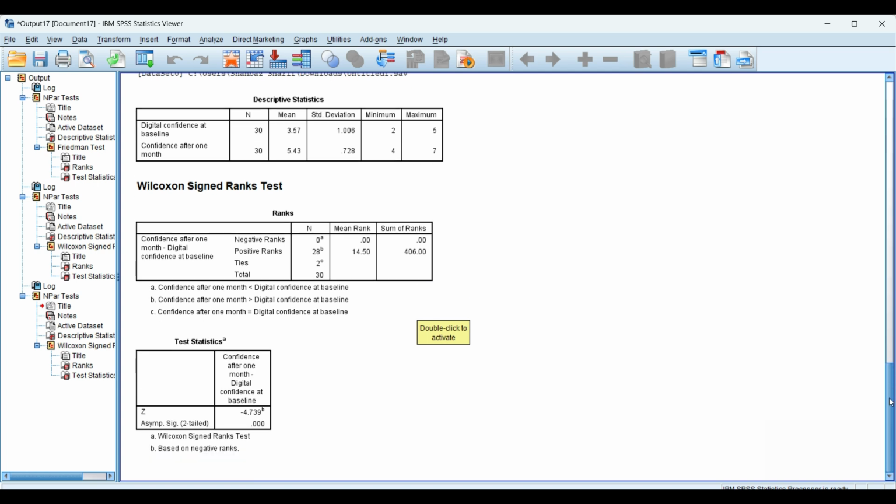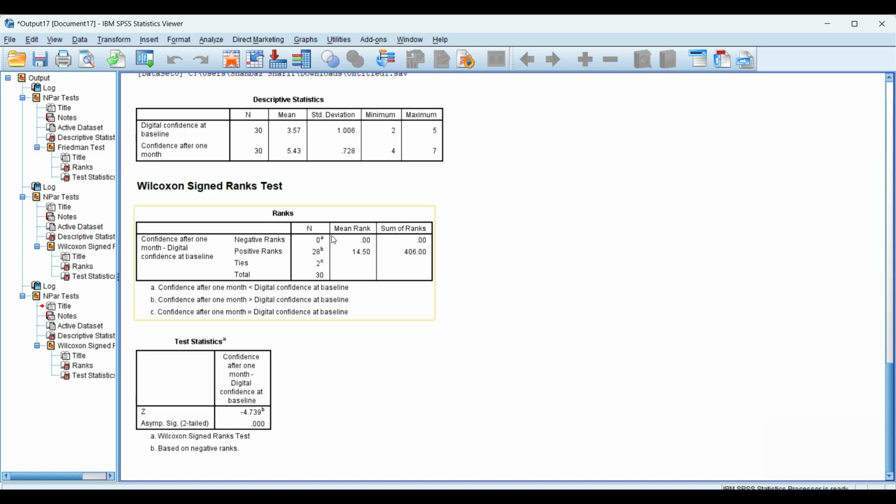So we can also see the test statistics here. The p-value is 0.000, which is lower than the 0.05 significance level. So we also here reject the null hypothesis and accept the alternative hypothesis because there is a significant improvement from baseline to after 1 month.